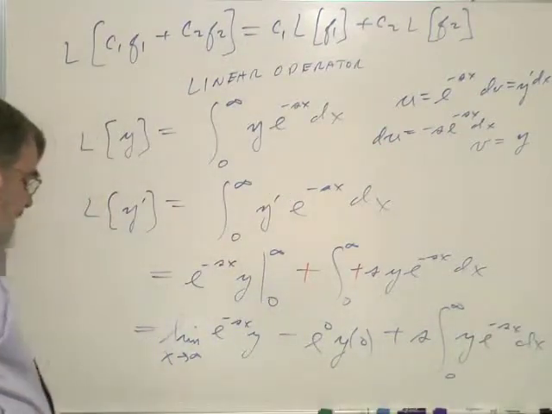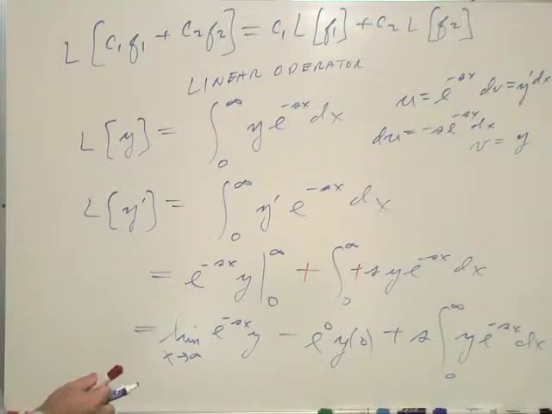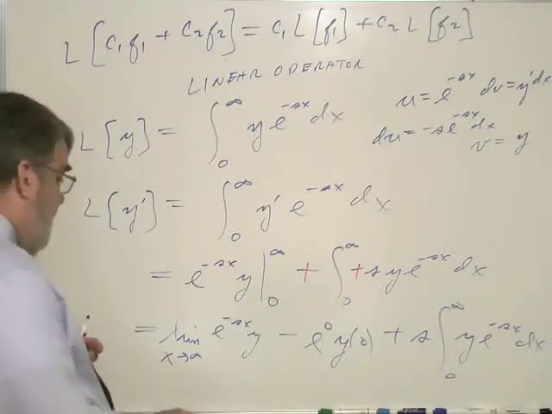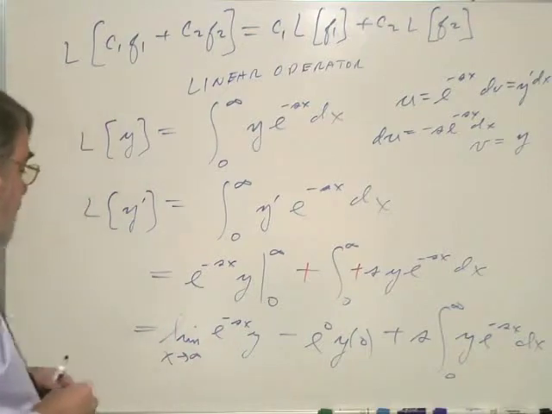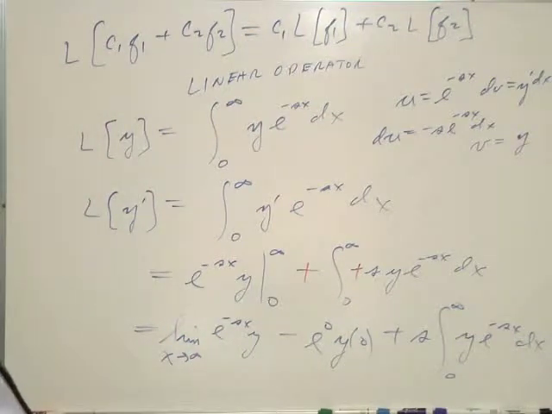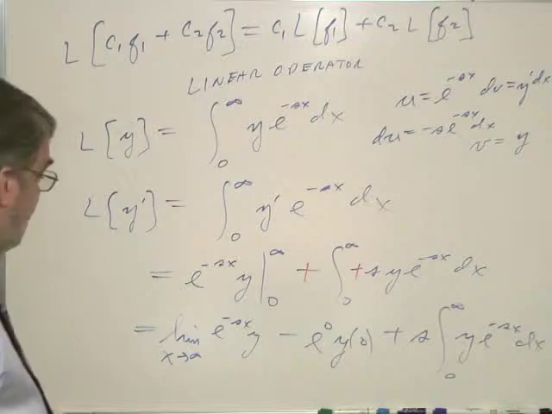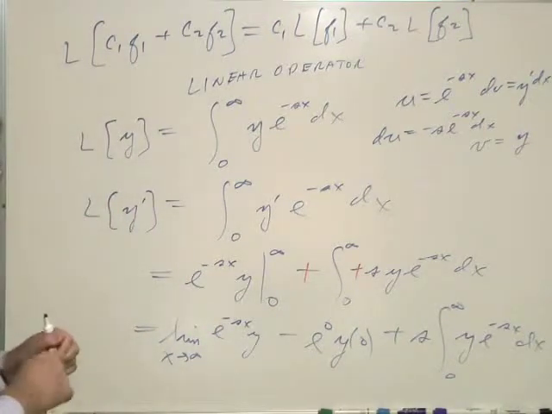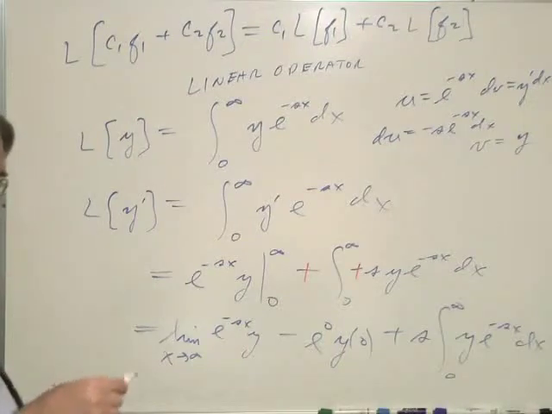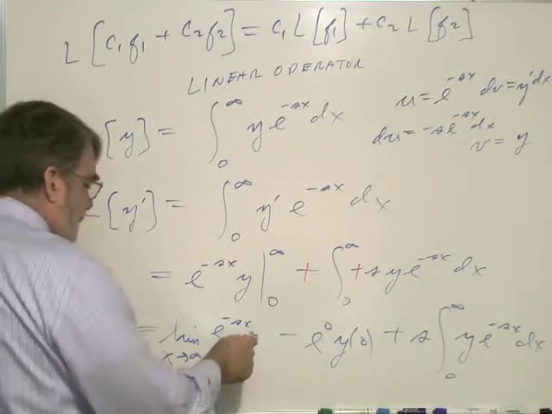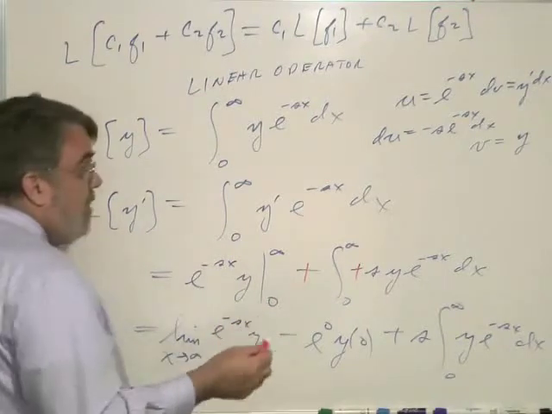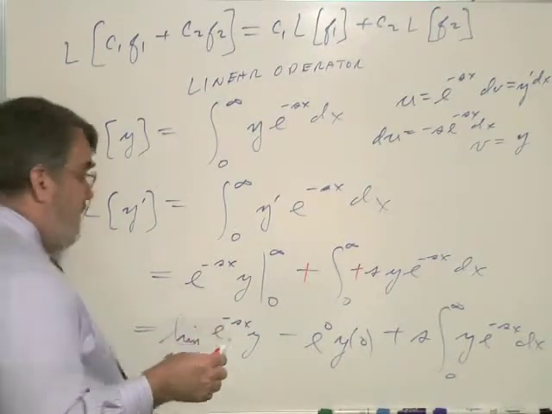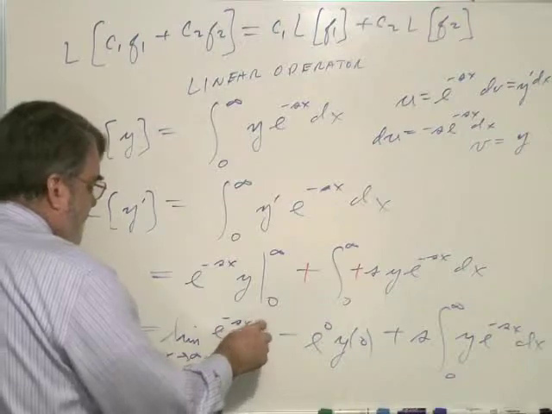Okay, well, let's look at this. We're going to make an assumption that this limit goes to 0. If it doesn't, there are very few functions that overpower e to the minus sx, and so there's probably some rigorousness here I need to investigate. But basically, for when we can apply the Laplace transform, this has to be 0.